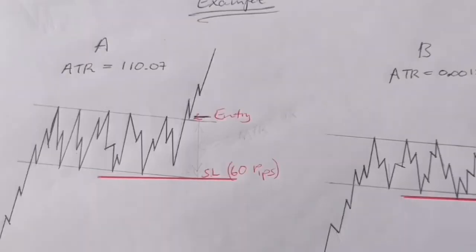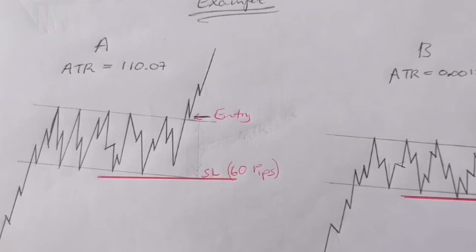and if you are to trade this flag, you are going to enter the market right at the retest of the breakout, and you have to put your stop loss right below the support of the flag, as I have illustrated right here.